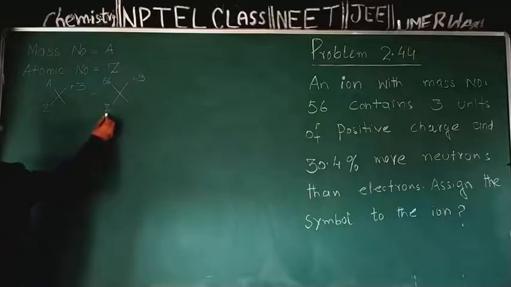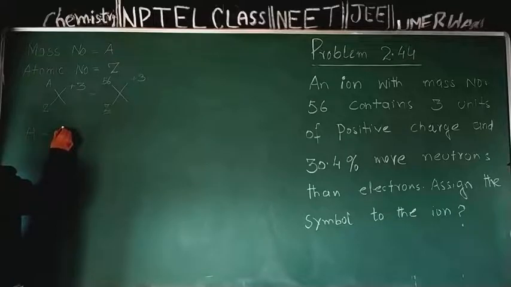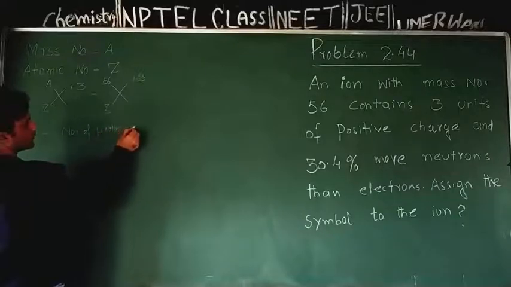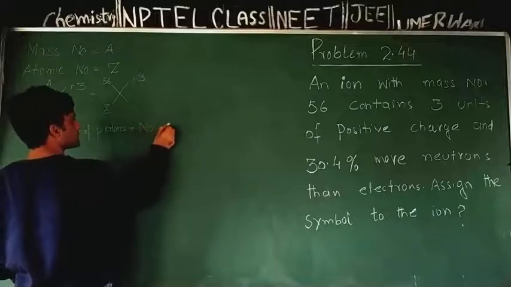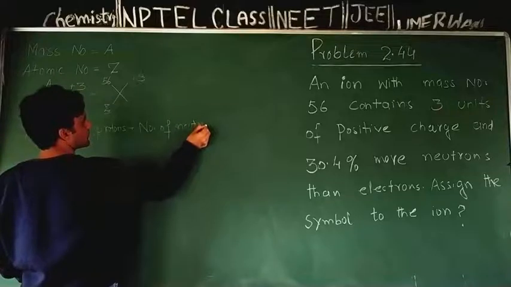Now first thing, I need to find Z. I will write mass number A is equal to number of protons, that is atomic number, plus number of neutrons.